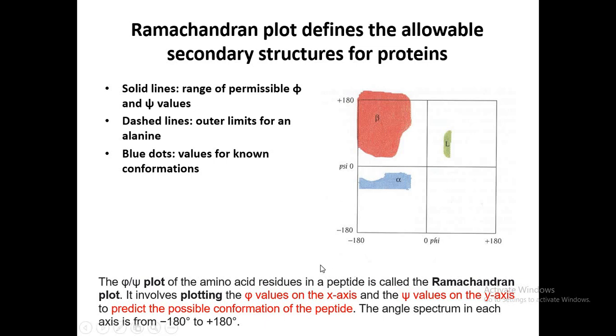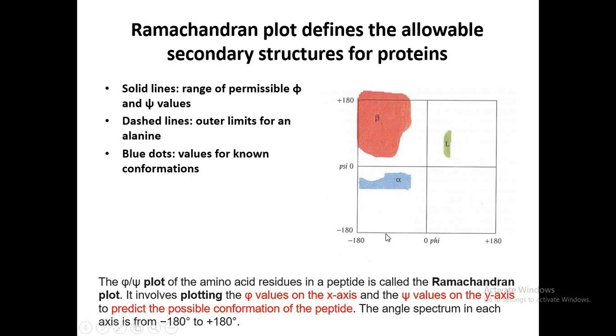And how do we find what conformation a protein has? By the calculation of these phi and psi angles, using the Ramachandran plot. In this Ramachandran plot, we plot the phi angle on the x-axis and the psi angle on the y-axis.